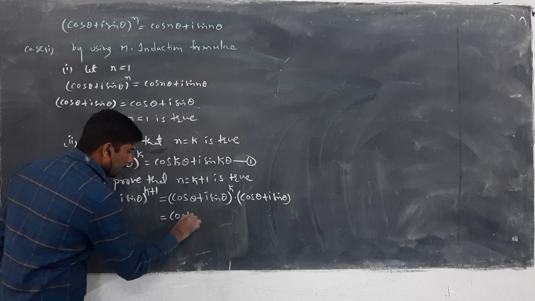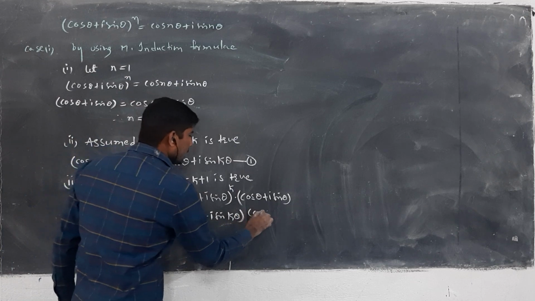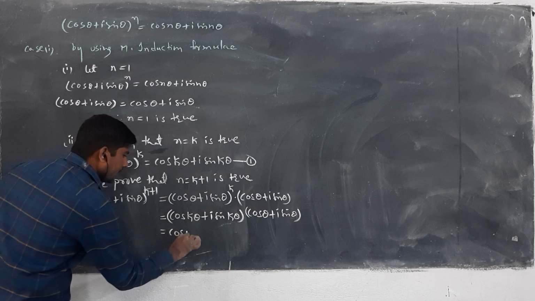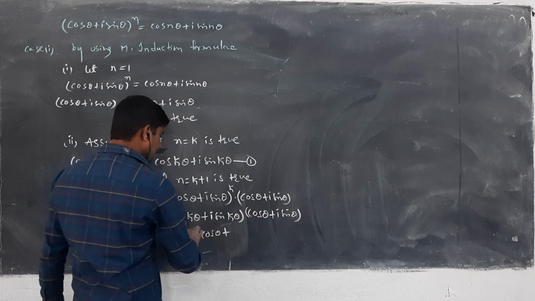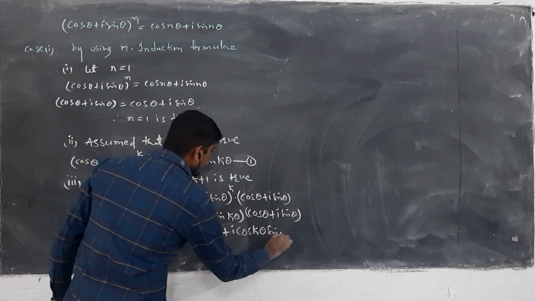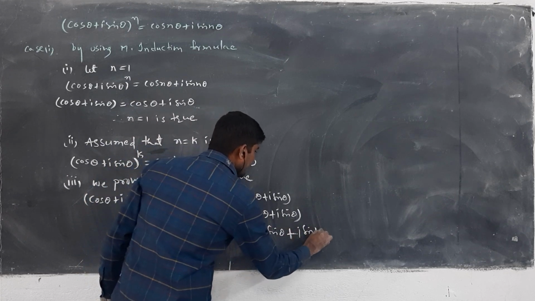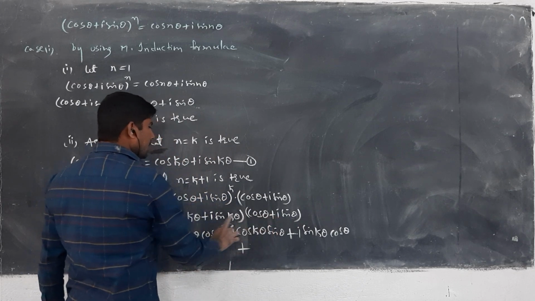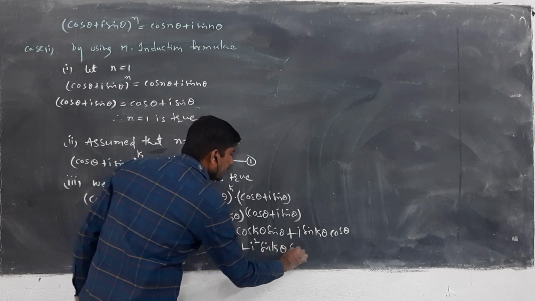Substitute that and multiply the two terms: cos k theta into cos theta, plus i cos k theta into sin theta, plus i sin k theta into cos theta, plus i square sin k theta into sin theta.